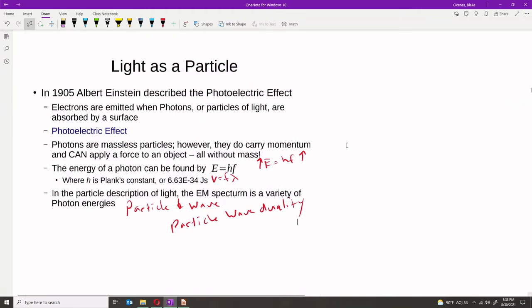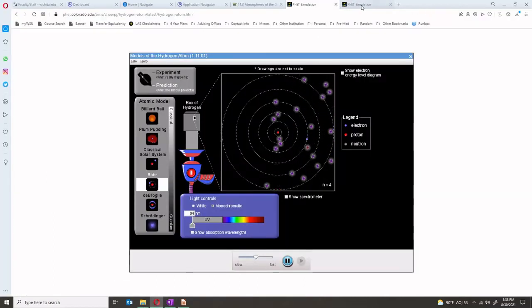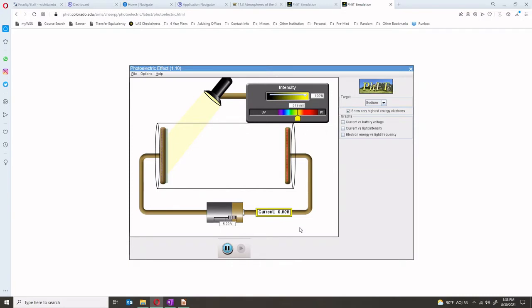So all this goes back to the photoelectric effect. What exactly is that? Well, I showed you the earlier simulation where photons were hitting the electron and jumping up energy levels. This was one of the more impactful things of the photoelectric effect.